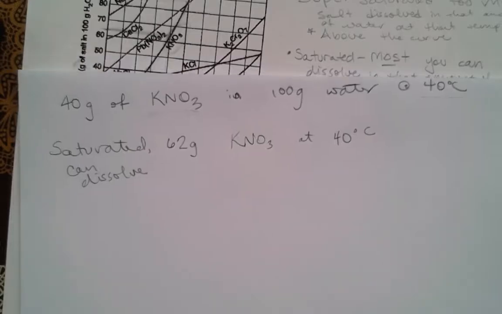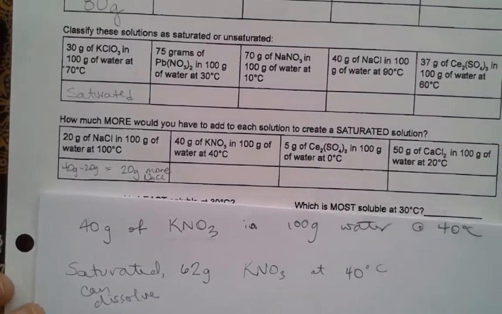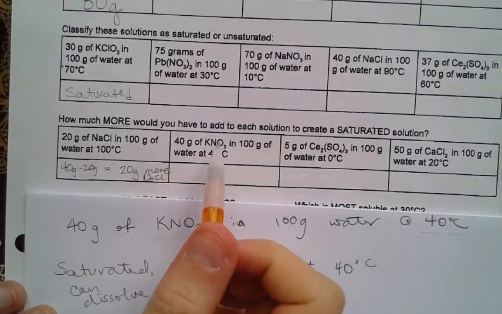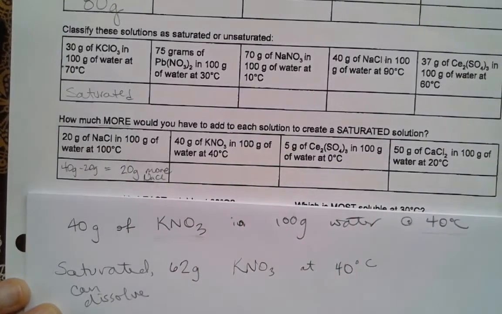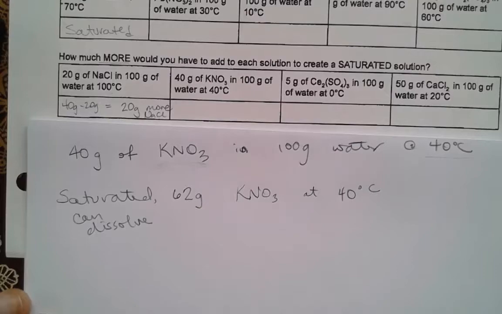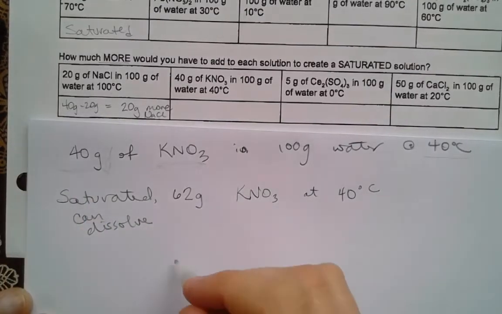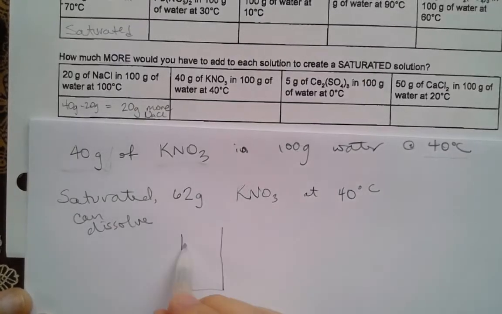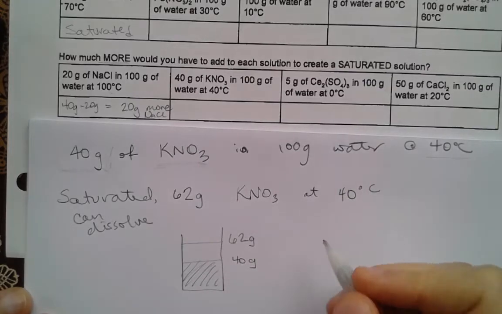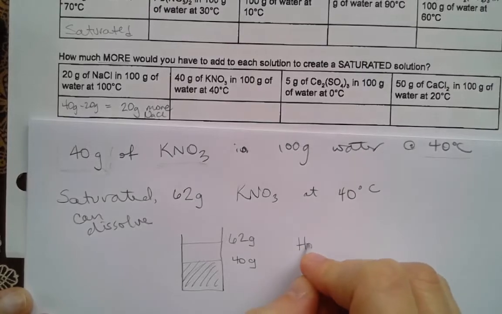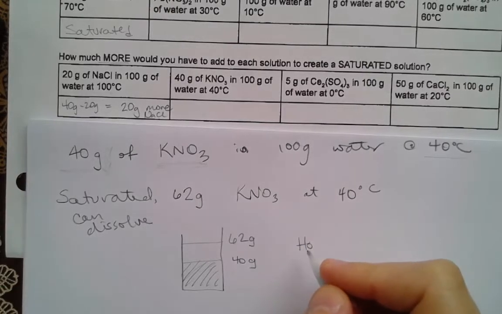And you're right, because the question is asking how much more would you need to add to create a saturated solution? So you've already got 40 grams. You want a full 62 grams in your little beaker, but you already have 40. So how much more do you need to dissolve to get all the way up to 62?